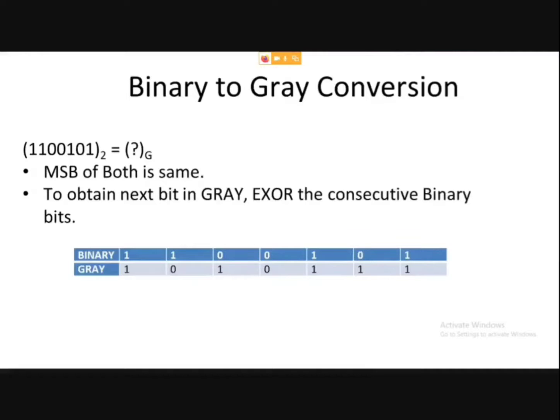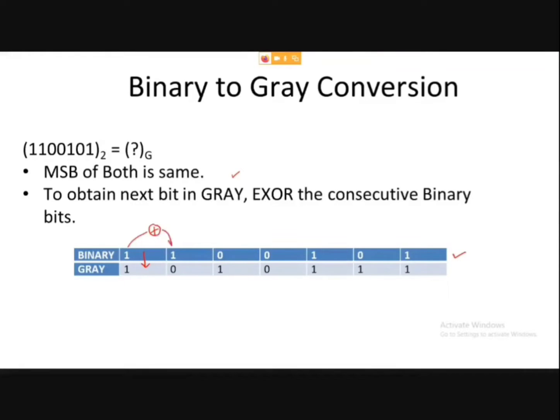Now if I want to convert a binary number into a gray number, this is a binary number. There are two simple steps in which it can be converted. MSB is the same. Let's suppose this binary number, I have fed it in this tabular form. This is my binary, and if I want to convert into gray, this 1 is copied as it is from binary to gray. This is the first simple rule. Then to obtain the next bits, I will use the XOR operation between this 1 and 1.